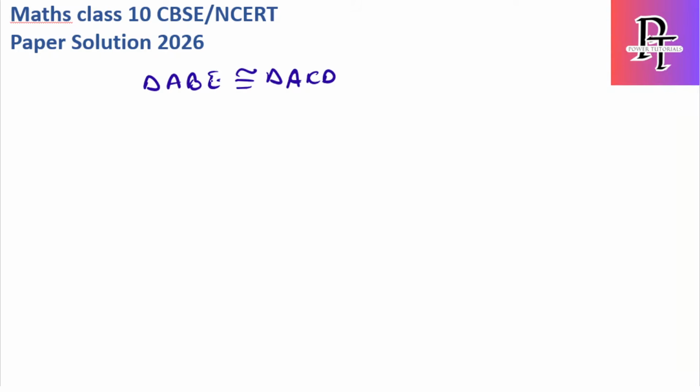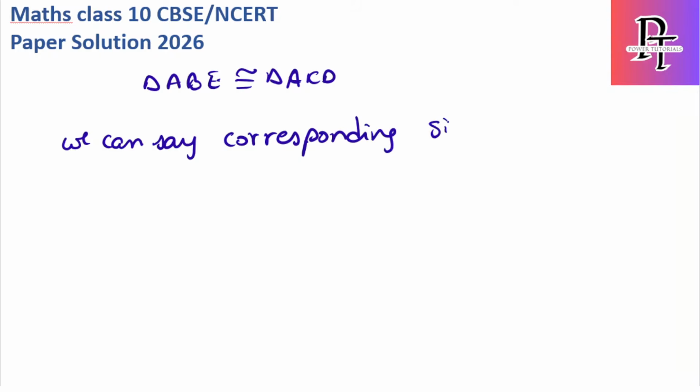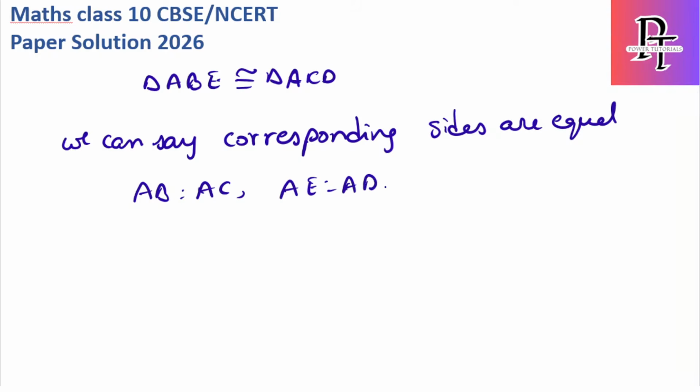Okay, so for what we have to write, we can say all sides are equal, or corresponding sides are equal, which are AB is equal to AC, AE is equal to AD, and BE is equal to CD.